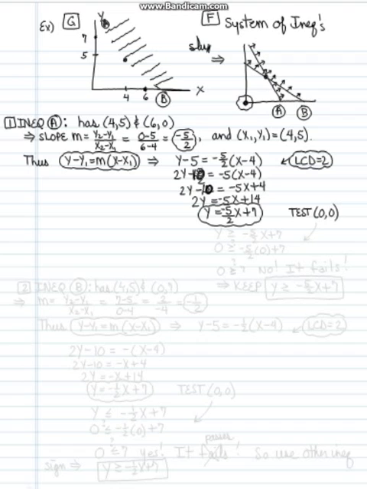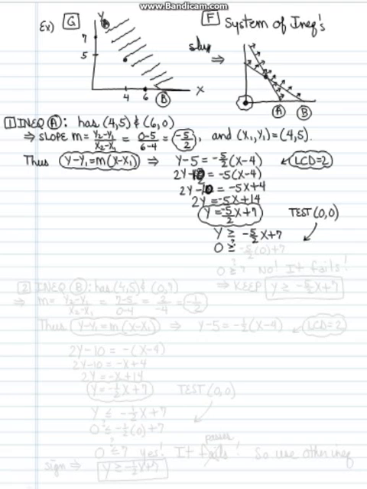So we're going to choose a direction for the inequality. Let's say that y is greater than or equal to negative 5 halves times x plus 7. Now let's test 0, 0 and hope that it fails. If it fails to satisfy this inequality, which we want because the arrows are pointing in the opposite direction, that means it's a good direction for our inequality.